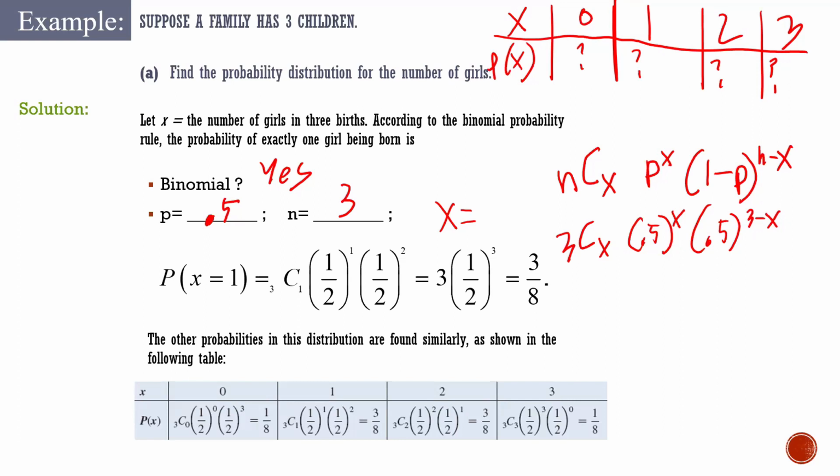Okay, do you know how to exponentiate on your calculator? Yes, that's the caret symbol, right? And then you know how to do that, right? This one you can do by hand in particular, right? Because 3 choose 1 has to be 3, right? 3 choose 2, also 3, right?